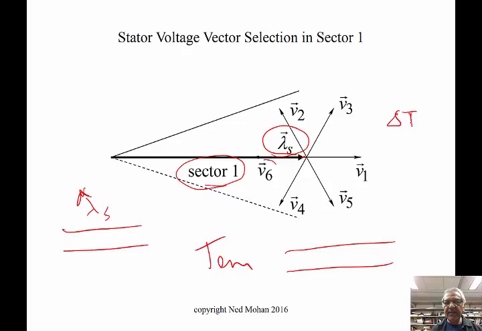If we apply V1, it's not going to change the angle of the Stator flux linkage space vector, but it's going to increase the amplitude. Whereas if we apply V3, it'll increase the angle in a counterclockwise direction, and will also change the amplitude of lambda sub s. Whereas if you apply V2, then you'll see that it again changes the angle in the counterclockwise direction, but will decrease the amplitude of lambda sub s.